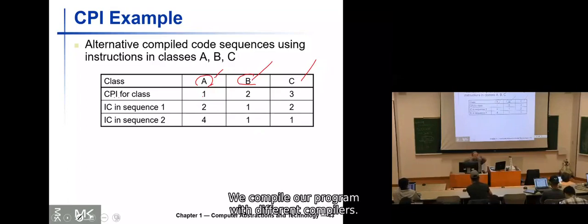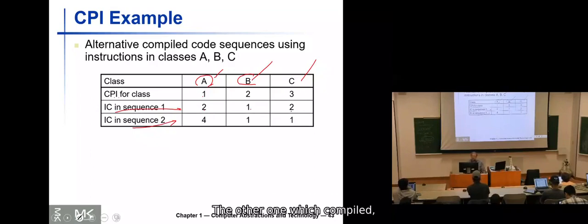We compiled our program with different compilers. One of them gave us 2 class A instructions plus 1 B, 2 C. The other gave us 4 class A, 1 class B, 1 class C.